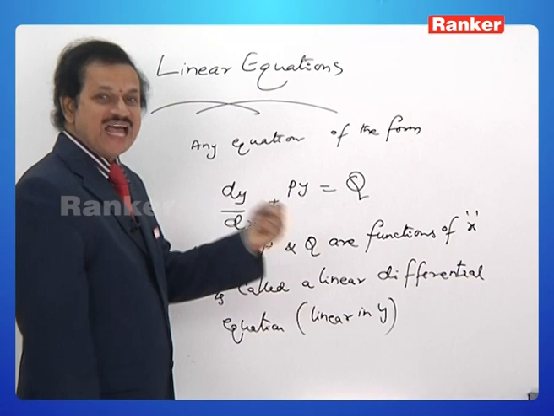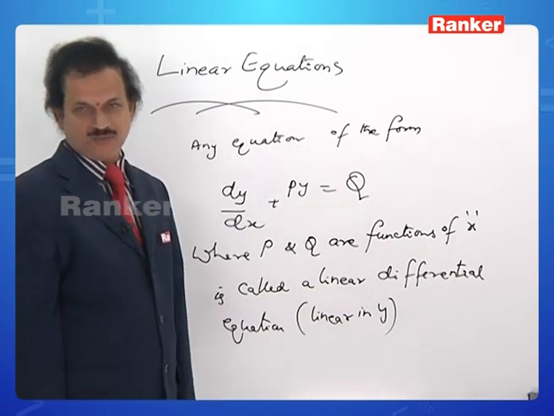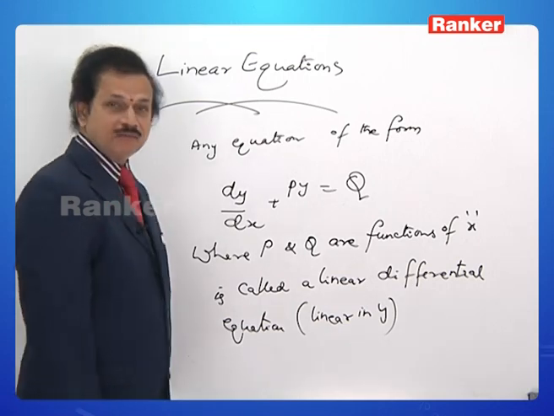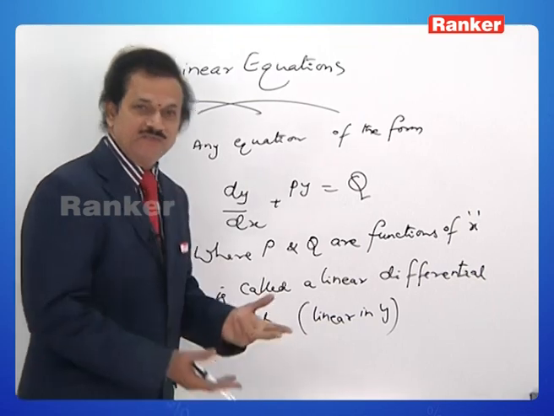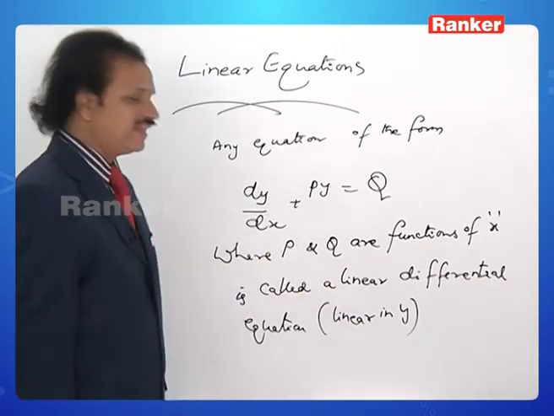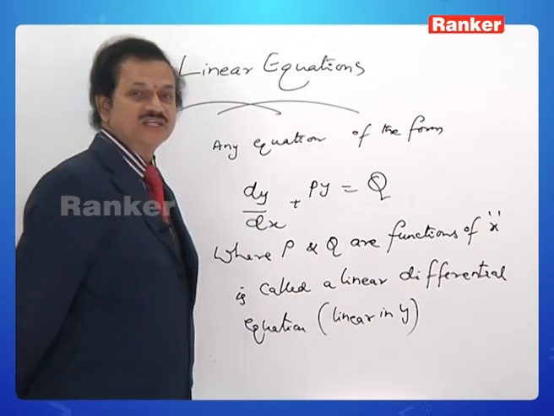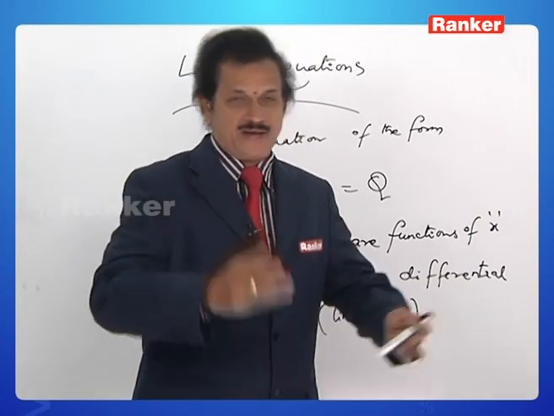It has been decided that P and Q are functions of x only. And we see y at only one place, with first degree. For that reason, we say that this equation is a linear differential equation, linear in y.